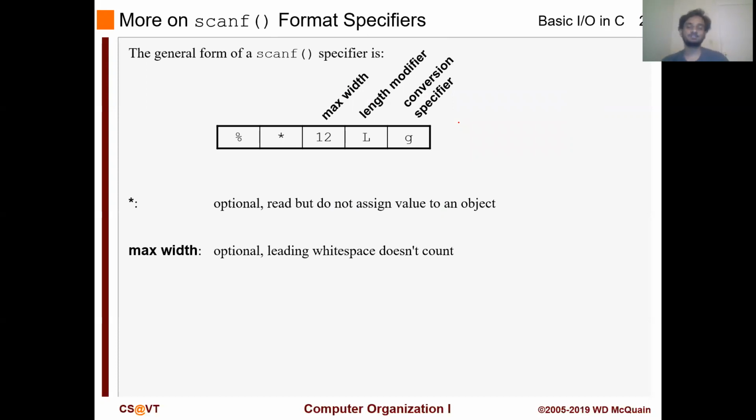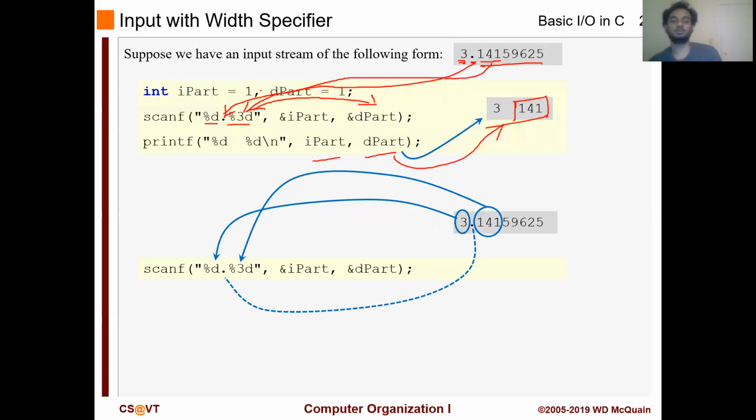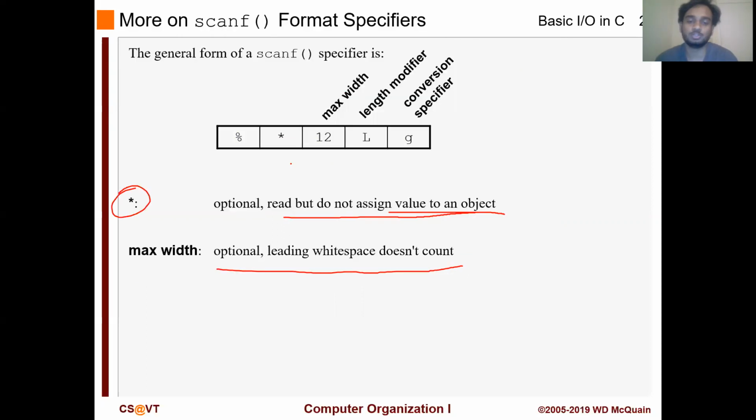So scanf's format specifier is more or less the same as printf, but there are some new stuff. For example, if we put a star, it means read but do not assign value to that object. So it's like a dummy character. Max width basically means, like over here we told it to only read 3 digits, no more than that.